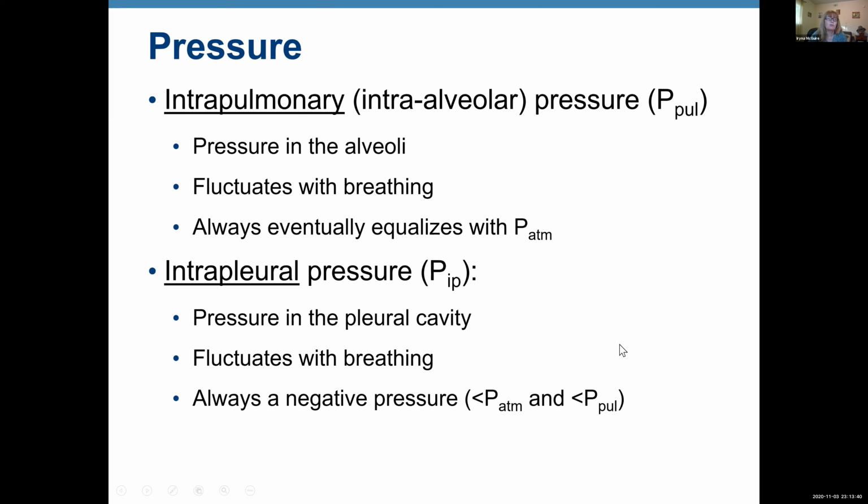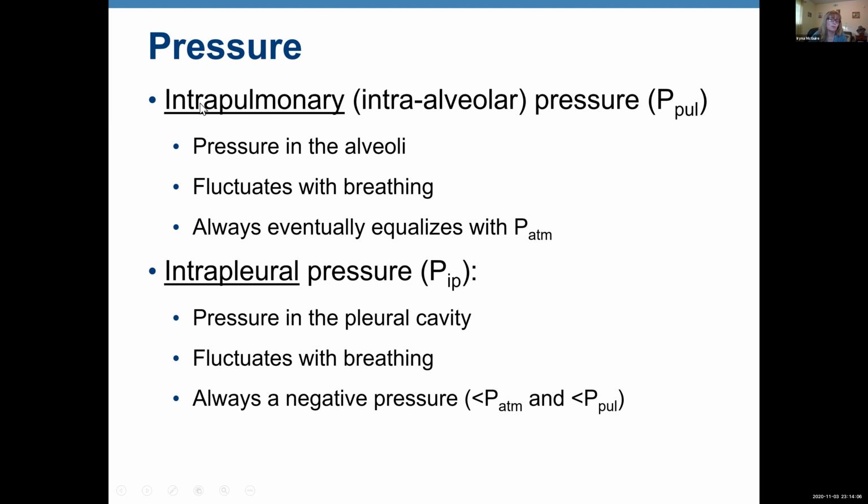Okay, now what types of pressure exist within our lungs? We have 2 types. I like the term intra-alveolar pressure because it tells you it's inside the alveoli. Intra means inside, and alveoli are those sacs where gas exchange happens, but more common is intrapulmonary.